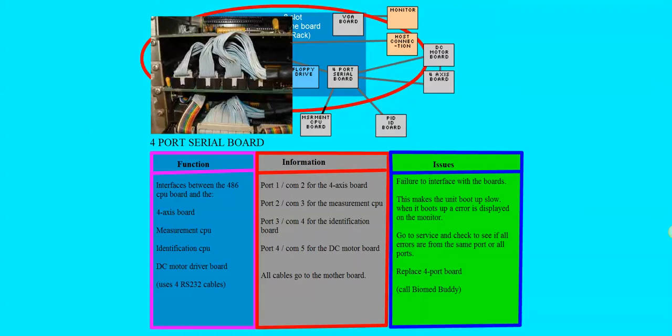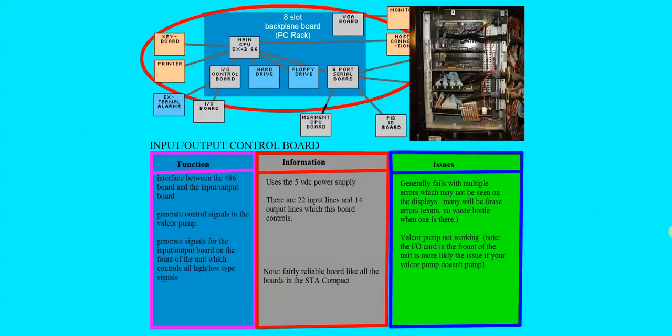The keyboard seems to work, but you get a timeout or a communication error of some sort. But it pretty much downs the instrument. Generally, it's not an intermittent issue, but I have seen it at times be somewhat intermittent, but for the most part repeatable. Point being, most of the time it's an obvious failure of the 4-port serial board.